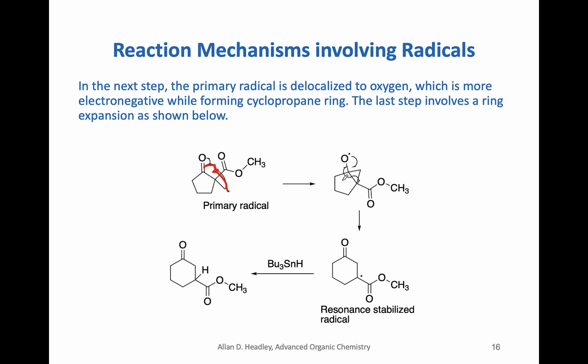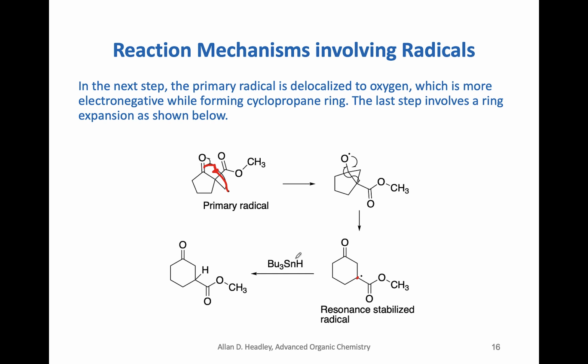Okay, in the next step, as you can imagine, this is a 5-membered ring and a 3-membered ring, highly strained. So it will do whatever it can to release that strain, and in particular, if it can do a ring expansion, it will do that. So if this electron comes back in, this goes over to here to form this double bond, the odd electron goes here. And in this case, we have a 6-membered ring, which is a radical.